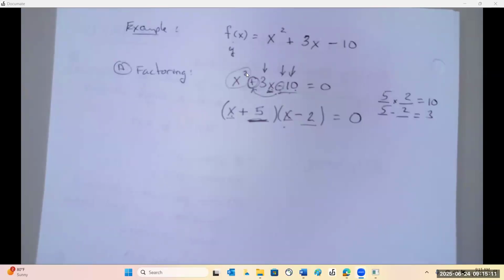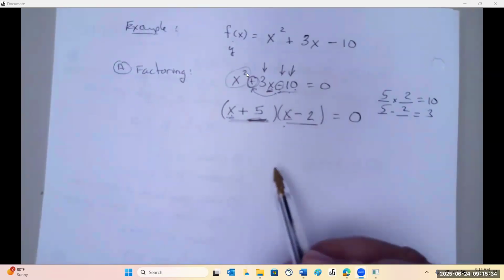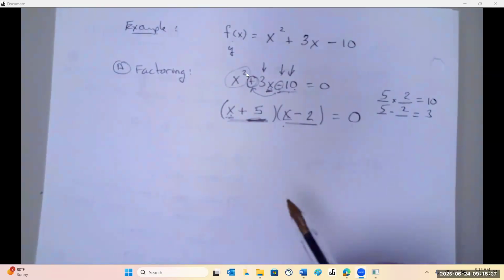Sixth step. What's my next step? Or are we finished? Very good. What property is that called? The zero product principle. We have these two numbers here and here. They're numbers, and they have to equal 0. How can they be 0?